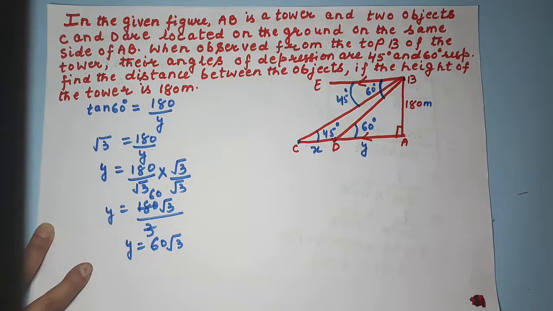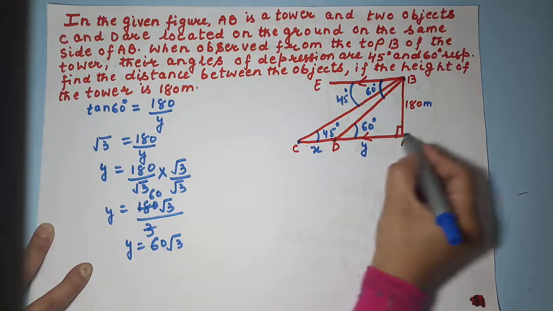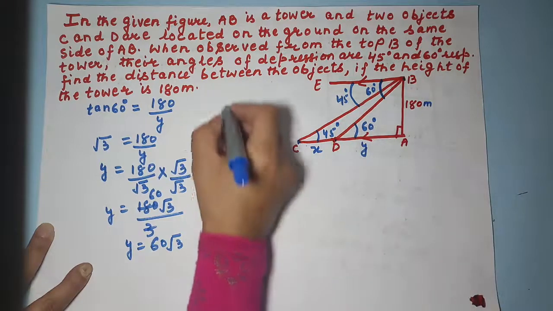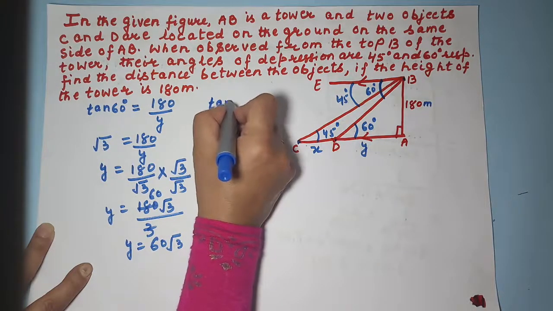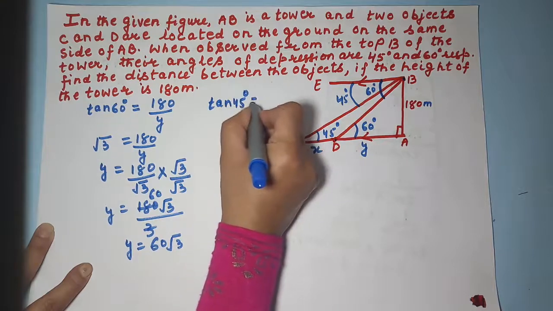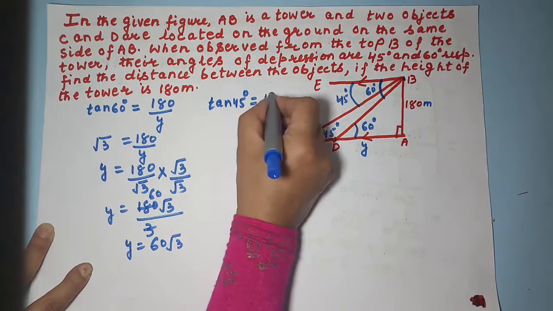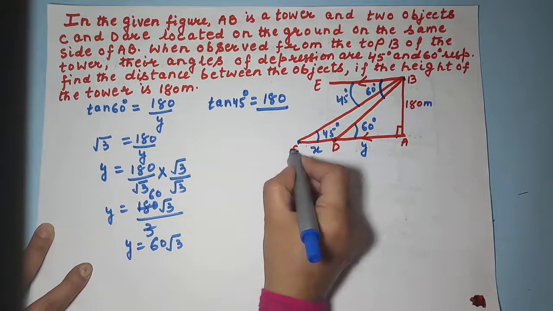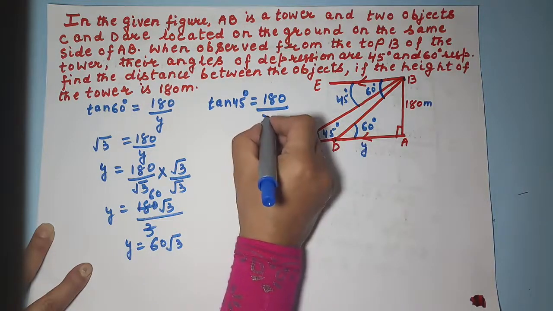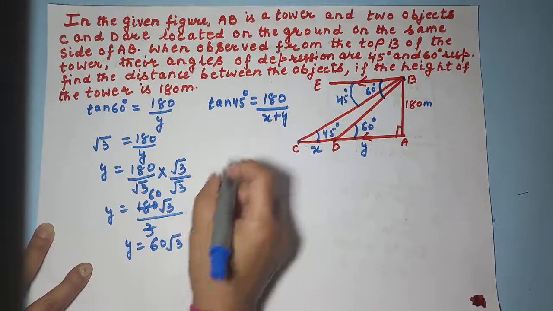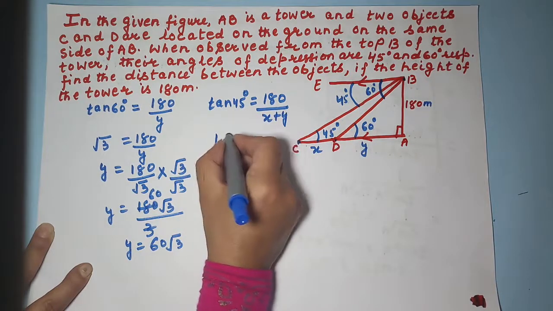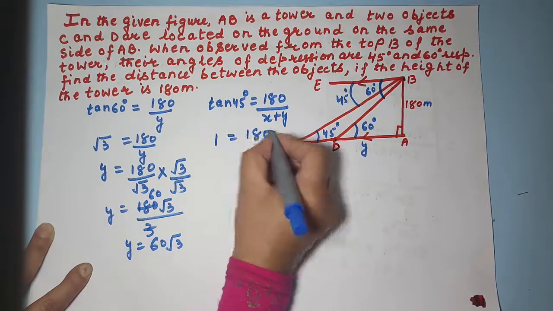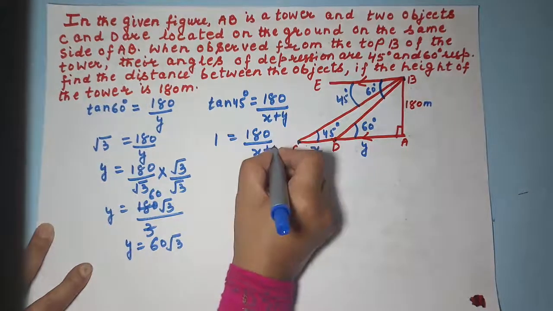Right? Now, I will take this triangle BCA. In this triangle, tan 45 will be equal to opposite, which is 180, upon adjacent. What is adjacent? x plus y. CA is adjacent, so x plus y. Now I know that tan 45 is 1, equal to 180 upon x plus y.